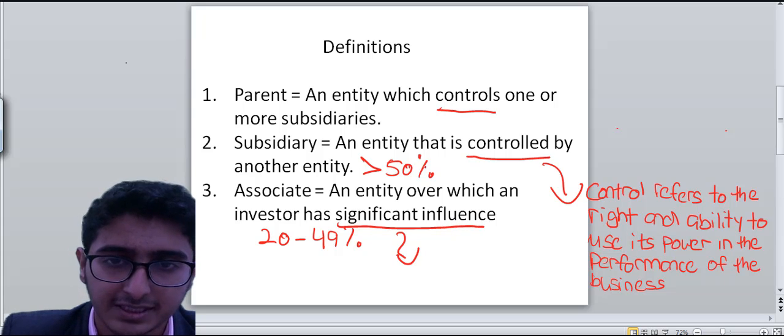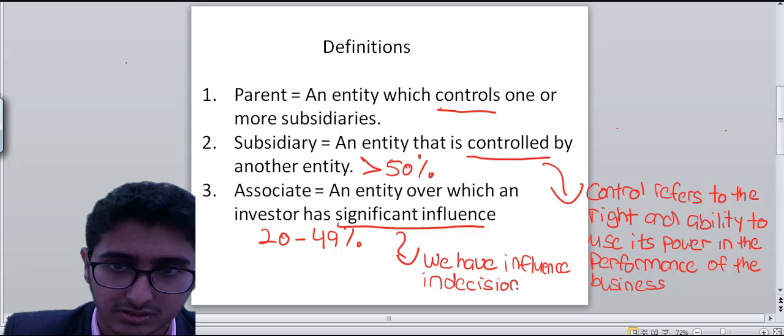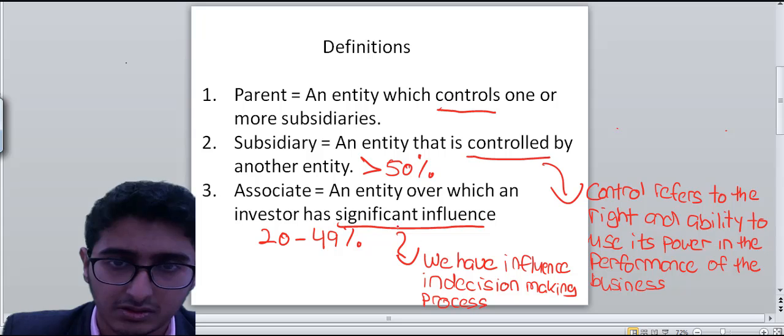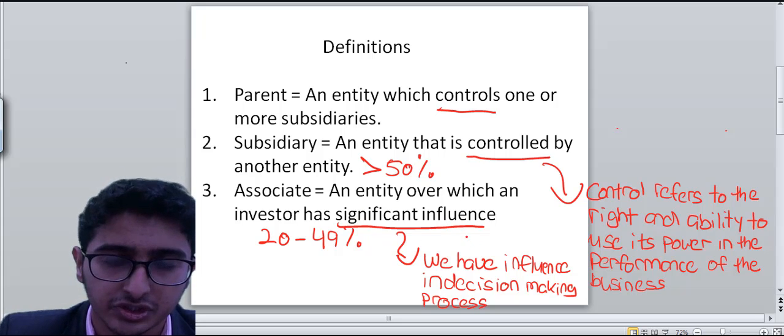Significant influence states that we have influence in the decision-making process. But remember, we still do not have control.